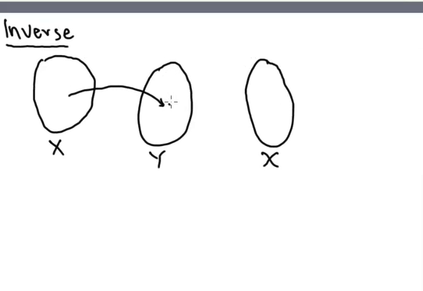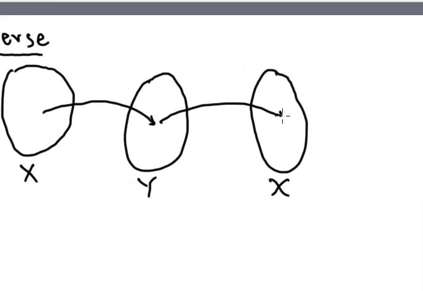Then g moves from there to there. Then there is f, there is g, then we got a little x there, our f of x there, our g of f of x are sitting there.